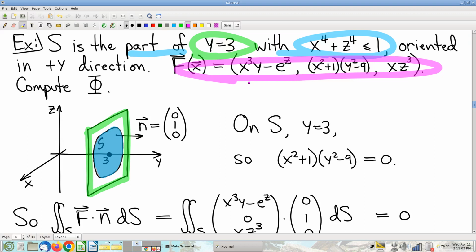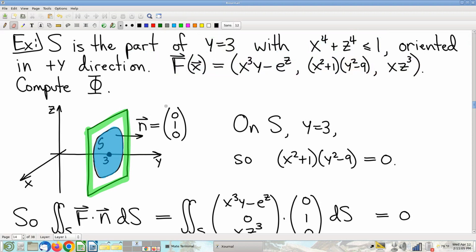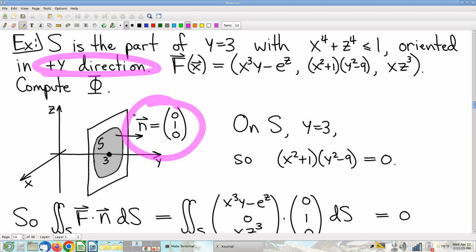You could. But here's the easy opportunity. Planes are also really nice. It's really easy to look at the equation of a plane and see what the normal vector is. Notice this says we're oriented in the positive y direction. The normal vector is obviously parallel to the y-axis. It's got to be this.